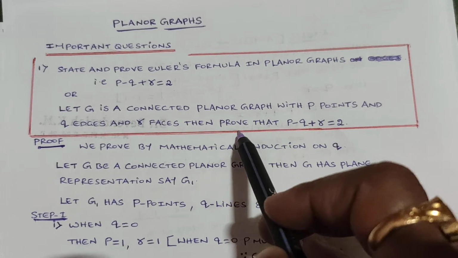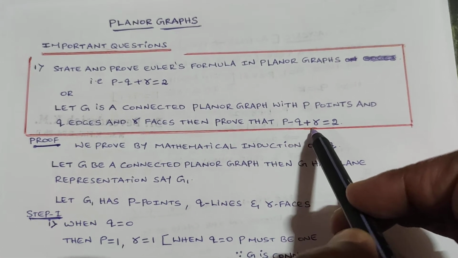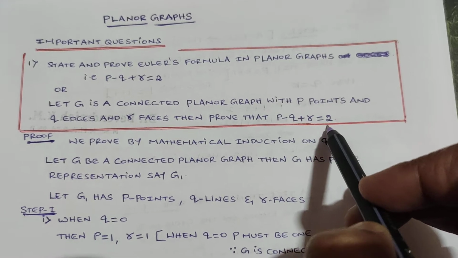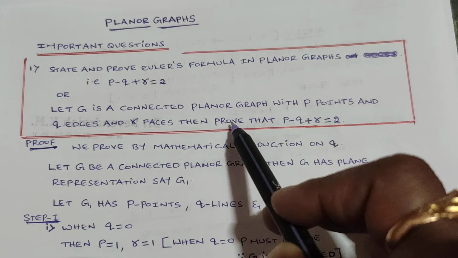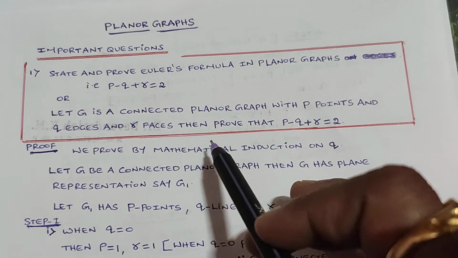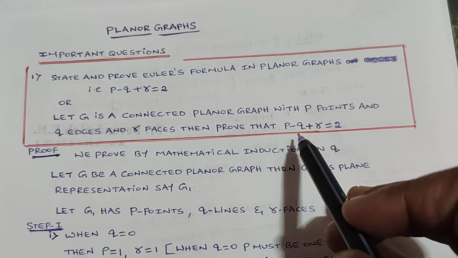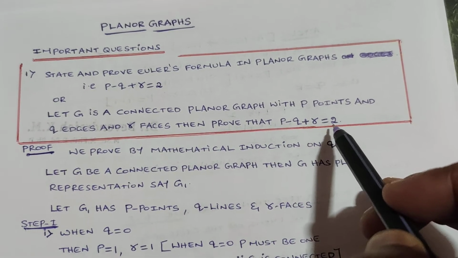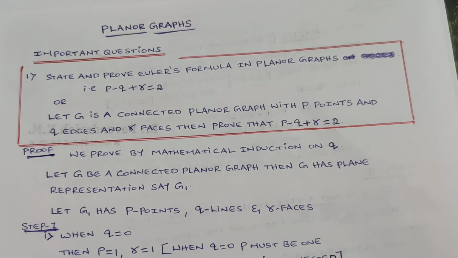Then prove that P minus Q plus R is equal to 2. That is the method of stating Euler's formula.